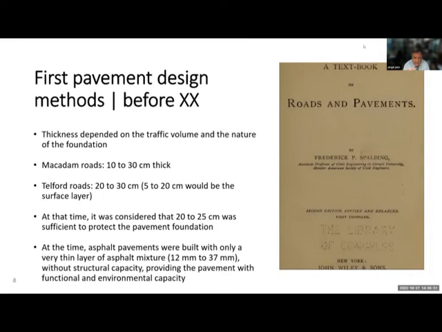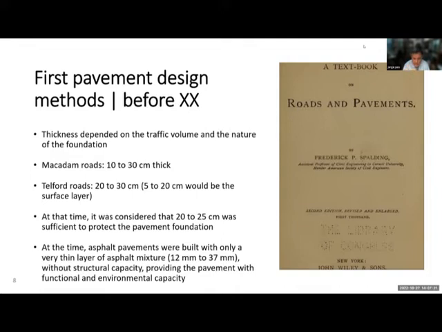At the beginning of the 20th century, asphalt pavements were constructed with a very thin asphalt layer, ranging from 12 millimeters, that is half an inch, up to 37 millimeters, that is 1.5 inches.